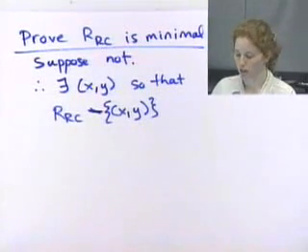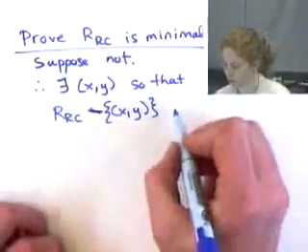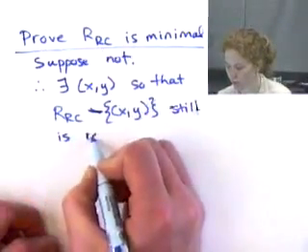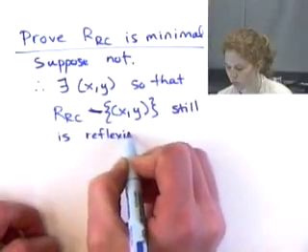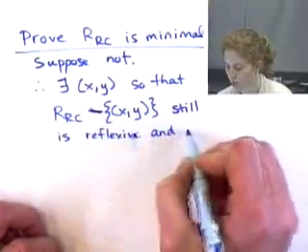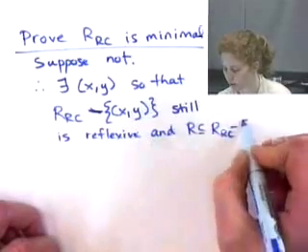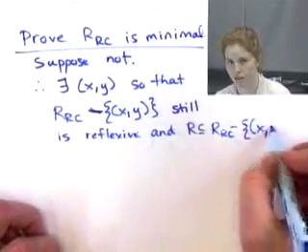So if I take out the point (x,y), it still is reflexive, and R is still a subset of RRC minus (x,y).